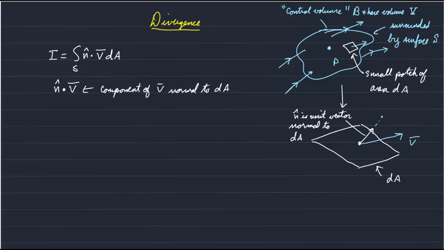But n hat dotted with that vector field gives the component of v normal to the plane, or parallel to this normal vector. The dot product is n hat, which has a magnitude of 1, times the length of v times the cosine of the angle between n hat and v. And the cosine of that angle gives the component of v parallel to n hat.